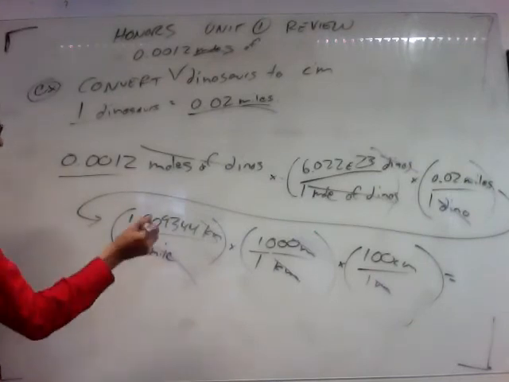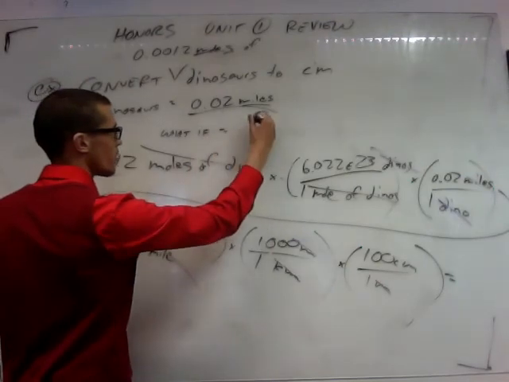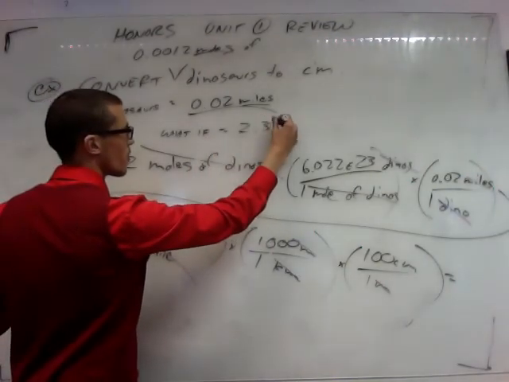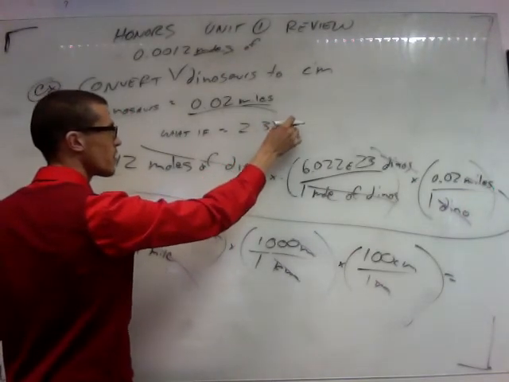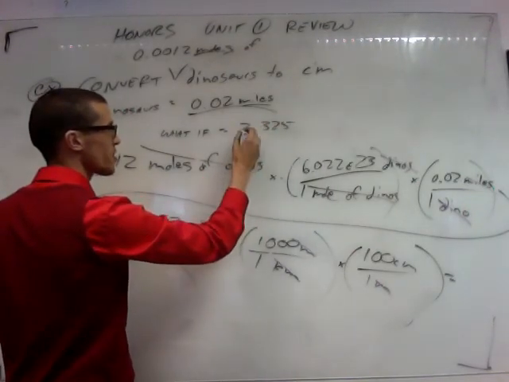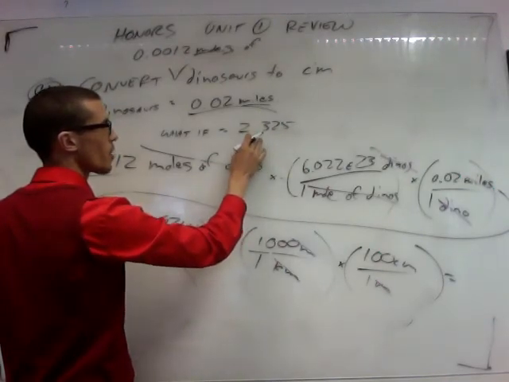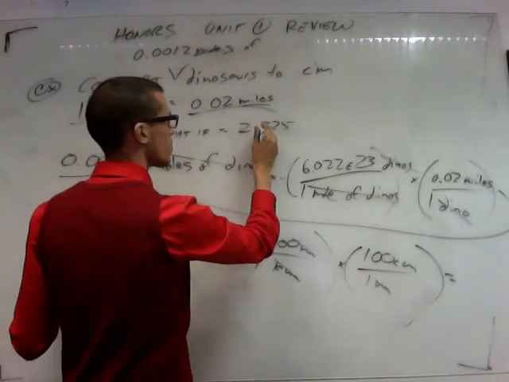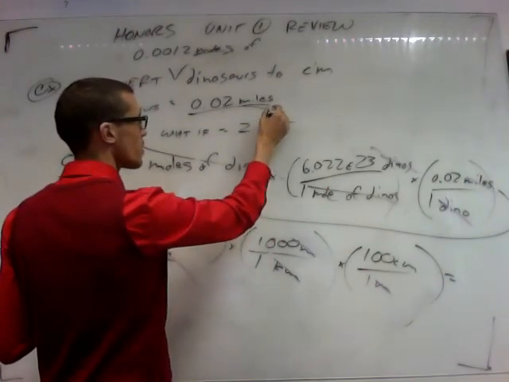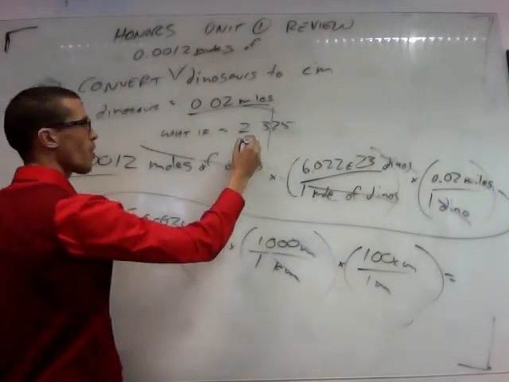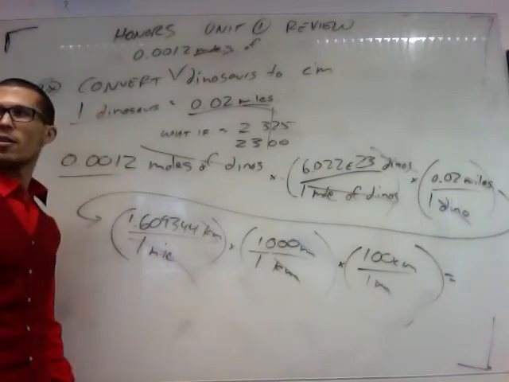So if you have the final answer, say 2.325, and you want to round it to 2 sig figs? That's still easy. You just go right there and say, well, this would be 2300. Do you have to? That was what I was wondering.